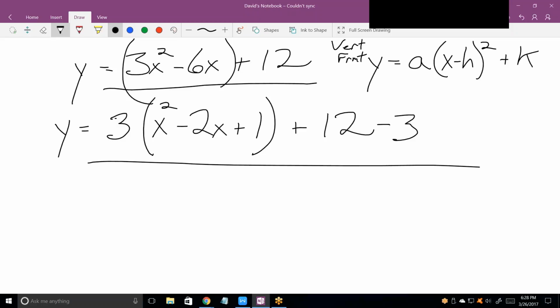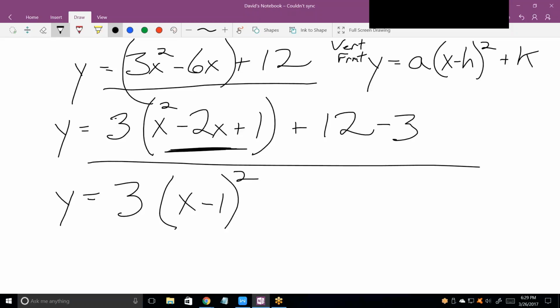Now, I can put it in vertex format. I get y equals 3, and the fact that I completed the square in there means that I can show it as a linear term, x minus 1, squared. You're always going to be able to do that when you've completed the square. The whole purpose of completing the square is so that you can show it as a linear term squared.